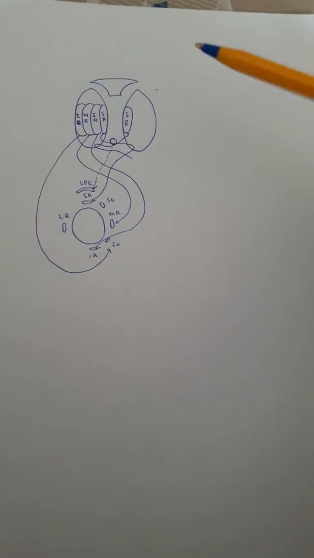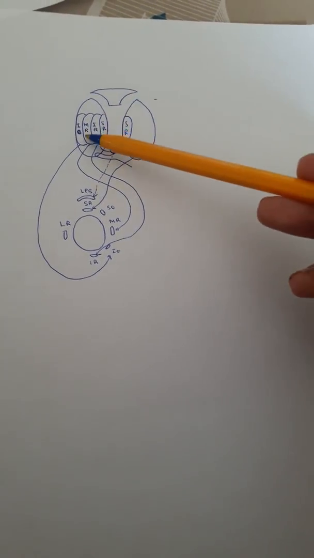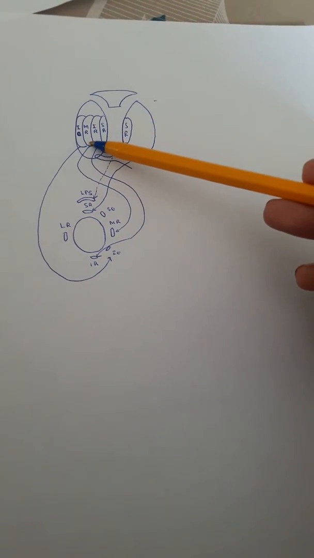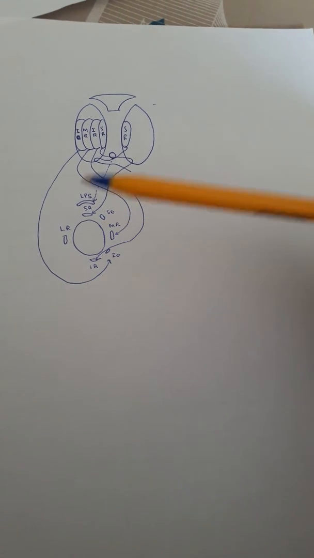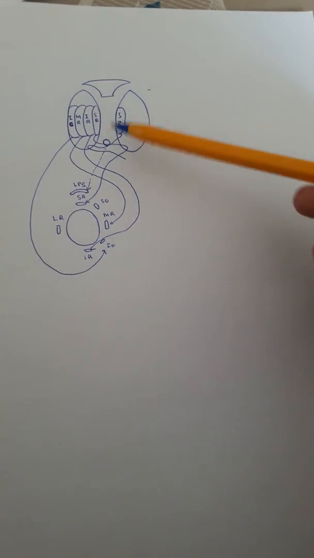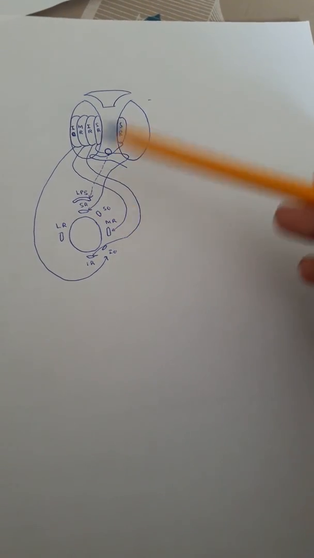Now the thing to keep in mind is that the fibers go ipsilaterally to the inferior oblique, to the medial rectus, to the inferior rectus. But the fibers go contralaterally to the superior rectus.